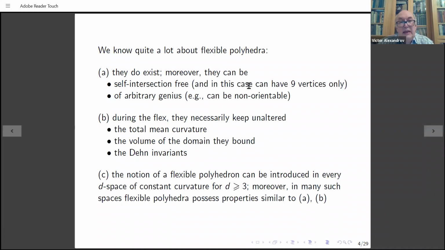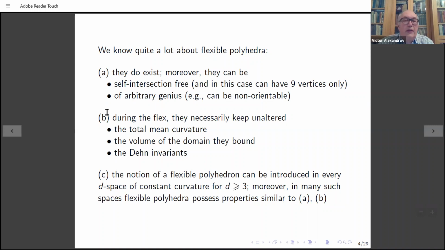And even in this case, they can have 9 vertices only, just one vertex more than a cube has. They can be of arbitrary genus. I mean, they can have as many handles as you want, and they can be even non-orientable.